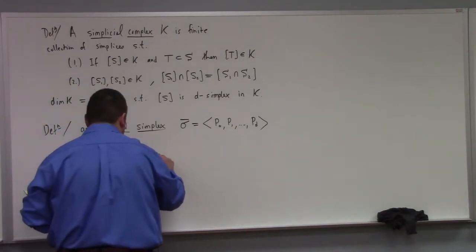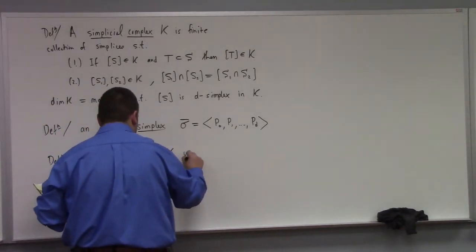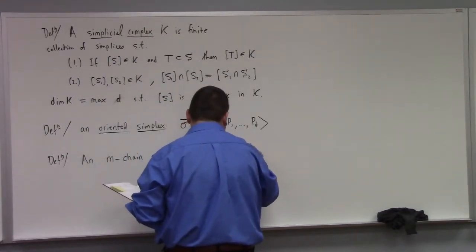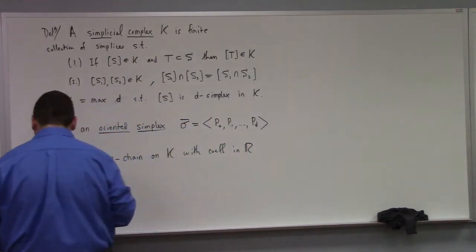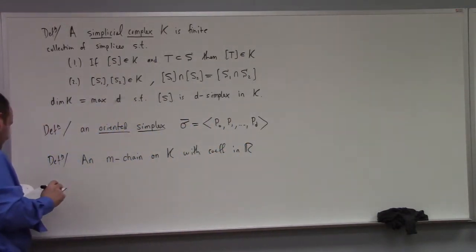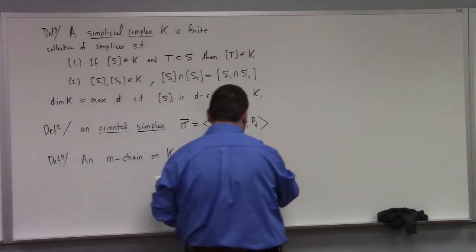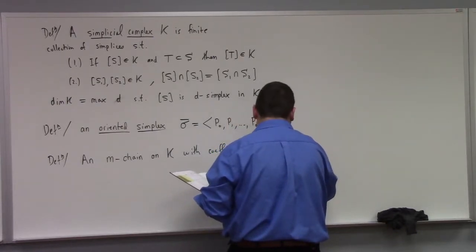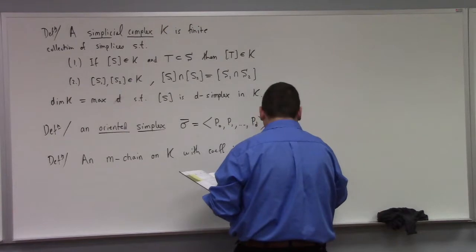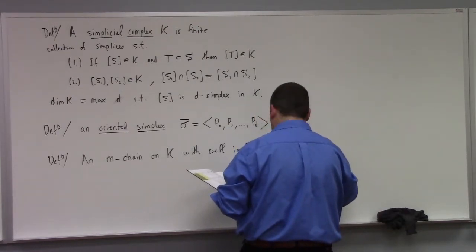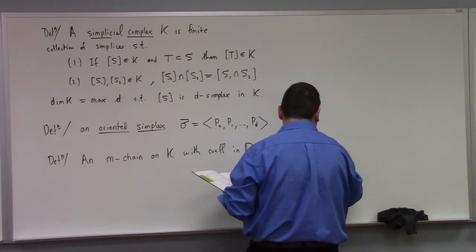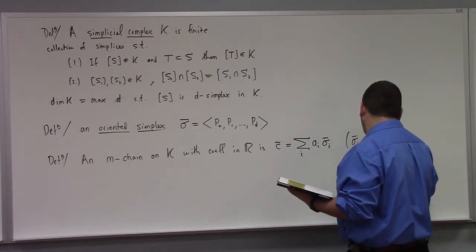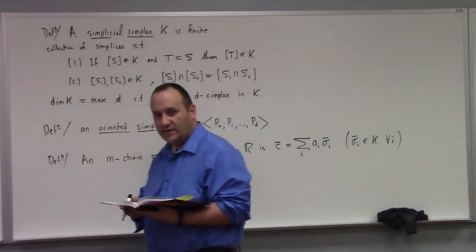An M chain on K with coefficients in R is a formal linear combination of the oriented M simplices in K with coefficients in R. In other words, C bar equals a sum over I of A sub I sigma bar I. Here, sigma bar I is an element of K for all I, and the A sub I's are real numbers.